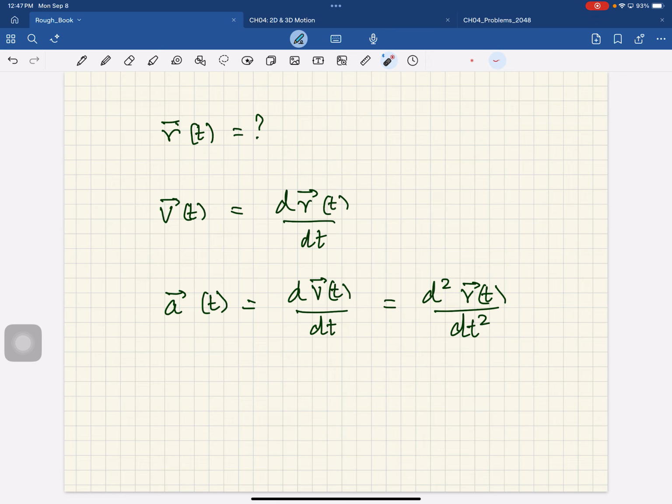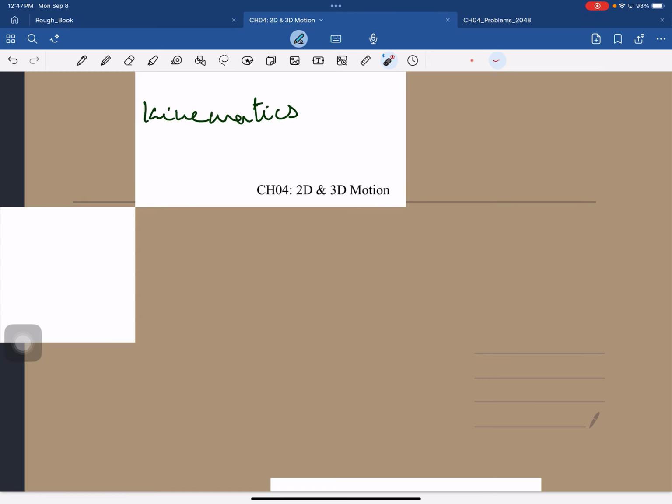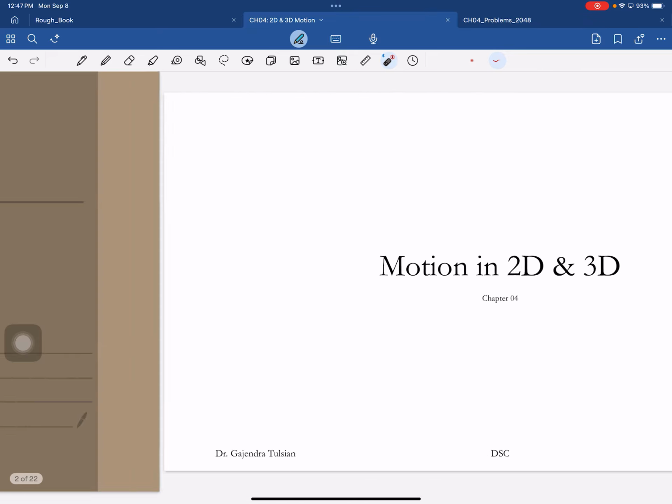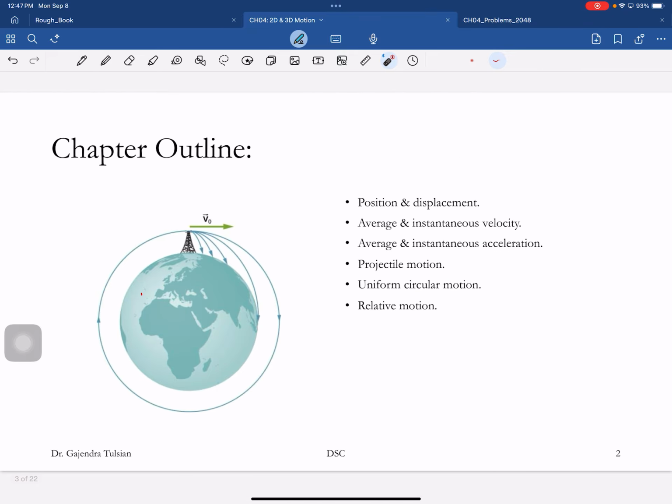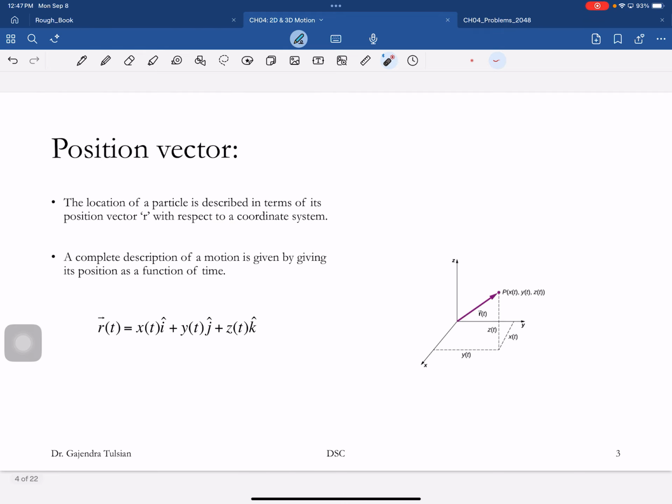So let's go over the slides. We'll define all these terms. Here is the position of an object. You give the position of a particle with respect to a coordinate system.